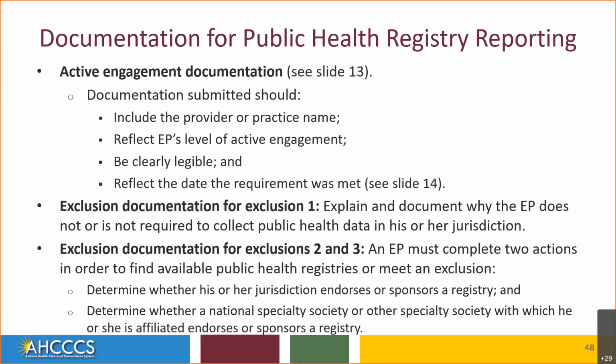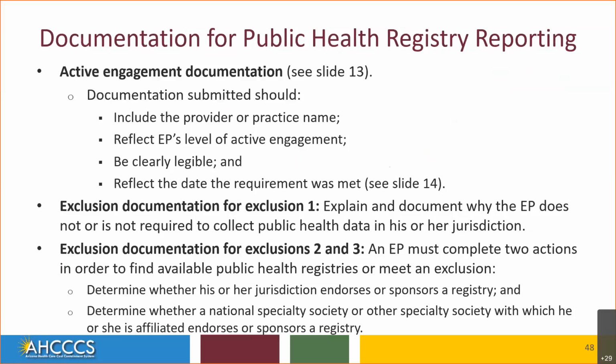So you need to determine whether the EP's jurisdiction endorses or sponsors a registry, so reach out to the cancer registry, or document and explain on a practice letterhead why your EP does not see, just that your provider does not see cancer patients or does not meet one of the specialty types that are allowed to submit data to the cancer registry. But more than just that state level, you need to, that last bullet point, determine whether a national specialty society or other specialty society, so it could be regional, it could be any level, with which he or she is affiliated, endorses or sponsors a registry.